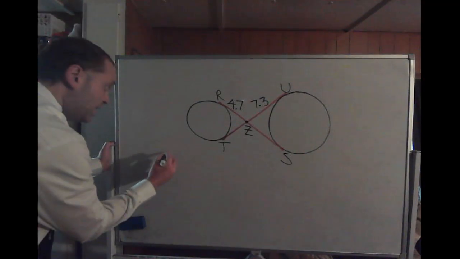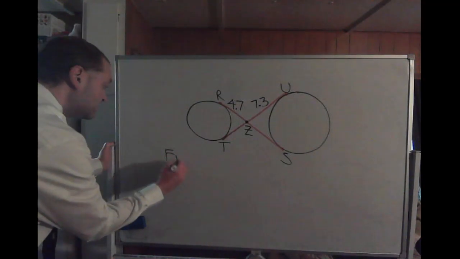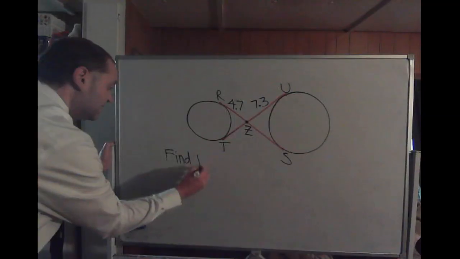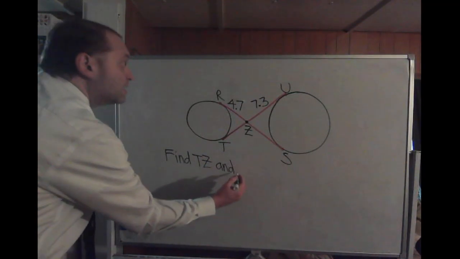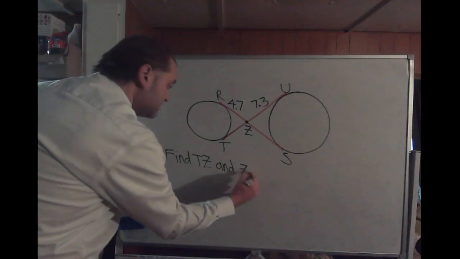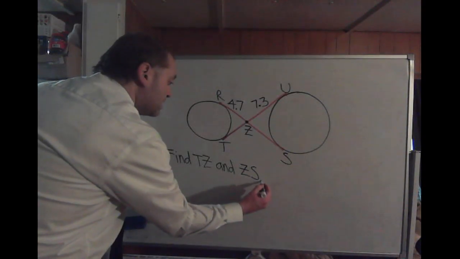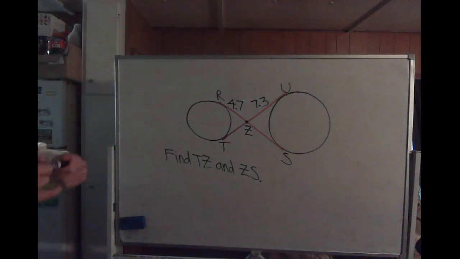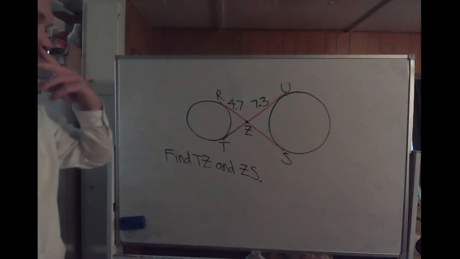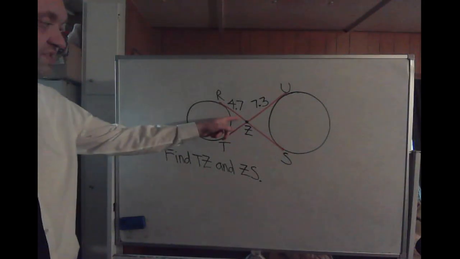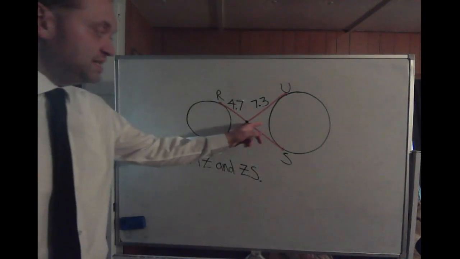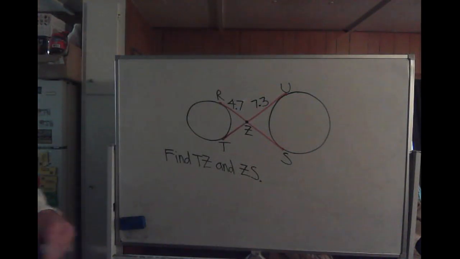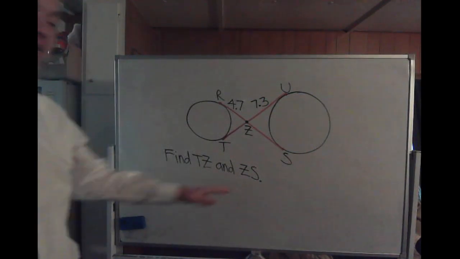What we need to do now is find TZ and ZS. So we have our 2 internal tangents here where from R to Z has a length of 4.7 and from Z to U has a length of 7.3. We need to find TZ and ZS.